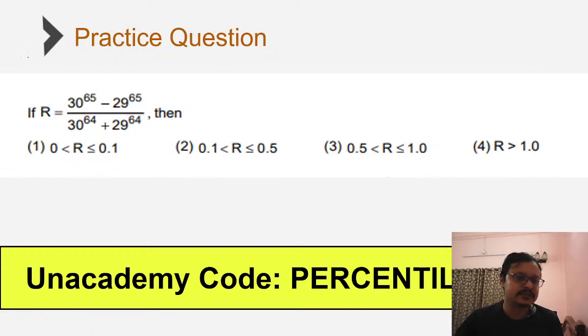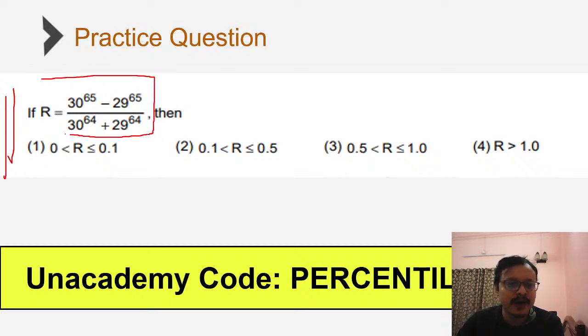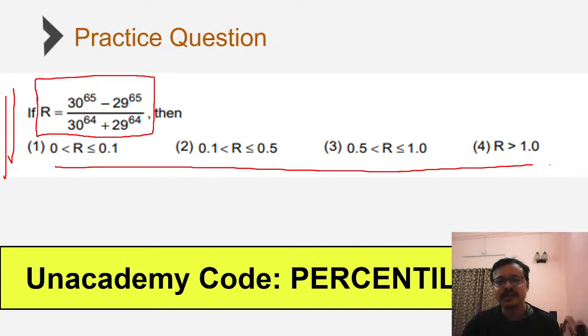The next question is as follows. If r is equal to 30 to the power 65 minus 29 to the power 65 by 30 to the power 64 plus 29 to the power 64, then which of these is holding? So I've given you 4 possible ranges of the values of r. You could identify which range of r is correct.